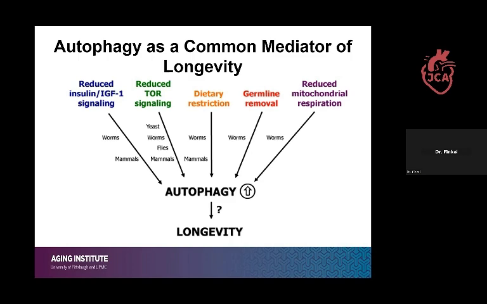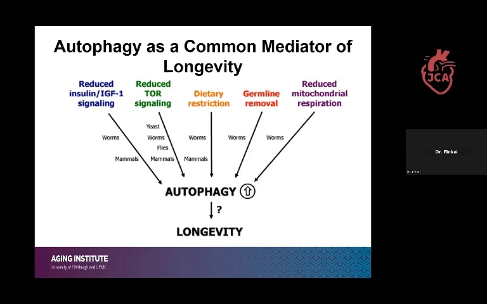And in simple organisms, by doing epistatic experiments, one could show that this is not only a correlation, but that this increase in autophagic flux is actually required for the life-extending effects. So one could almost view, at least in very simple organisms, that life extension requires the maintenance or the augmentation of autophagic flux as we age.